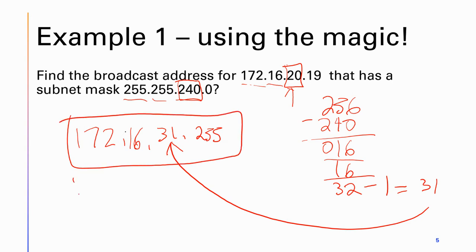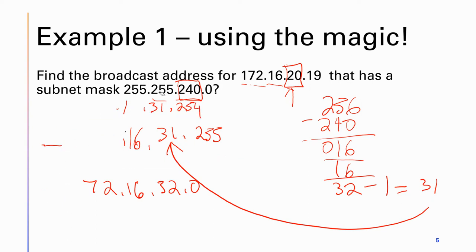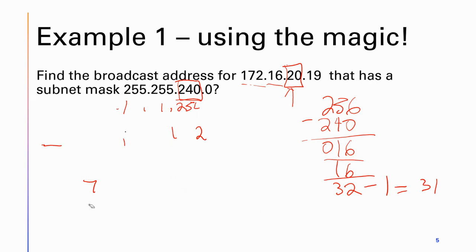If we add one more, excuse my chicken scratch of writing, that's going to be the next network. If we subtract 1 from the broadcast address, this is going to be the last available host in the network we've been working with. And that's it. That's how you find your broadcast address using the rule of 256. I'll do a summary at the end, so don't worry about it.